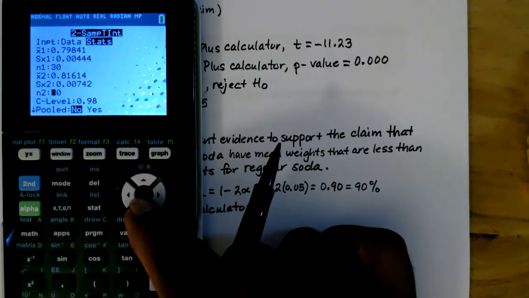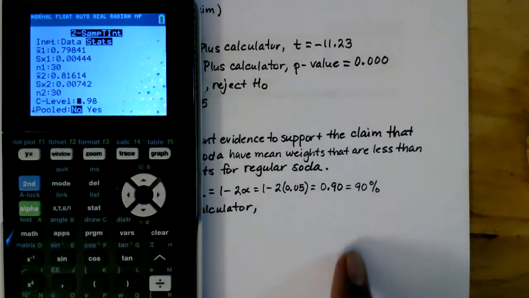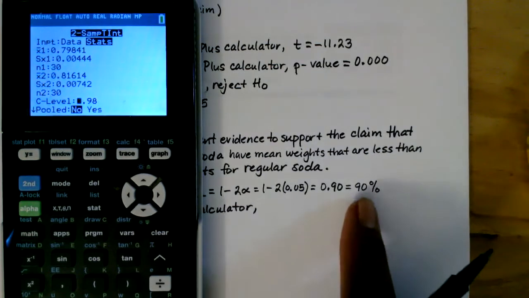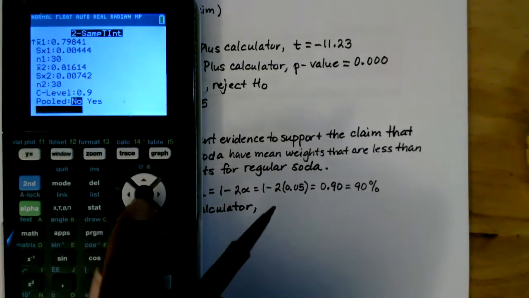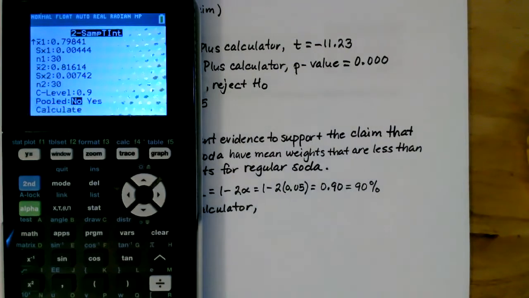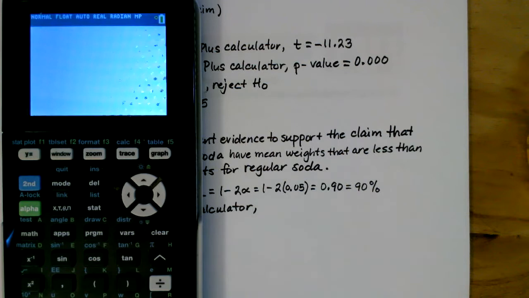So my summary statistics are already there. I need to change the confidence level, which is 90%. So 90% as a decimal will be 0.90. Pooled, I must keep it at no. Use your down arrow key to go all the way down and calculate, and then press enter.